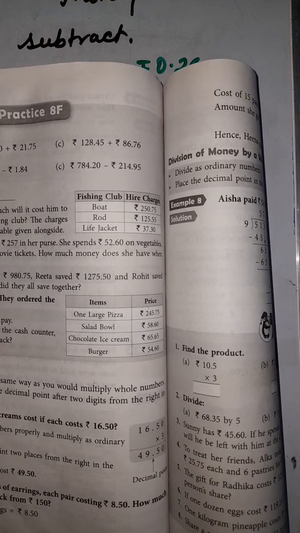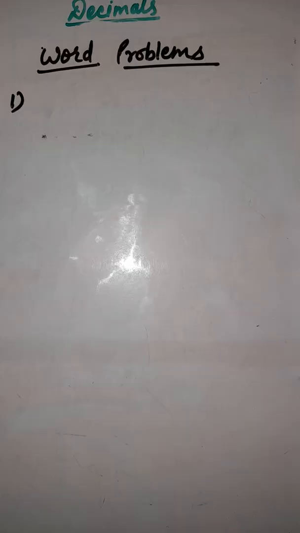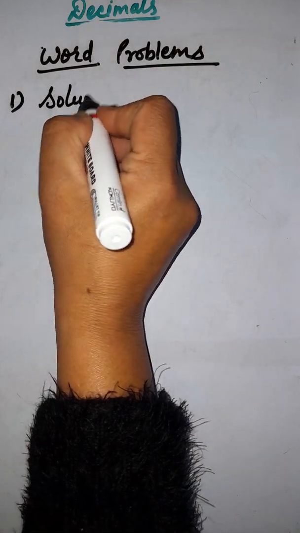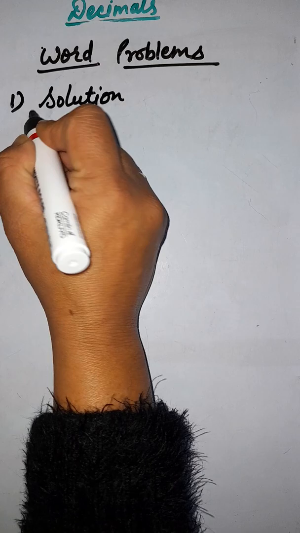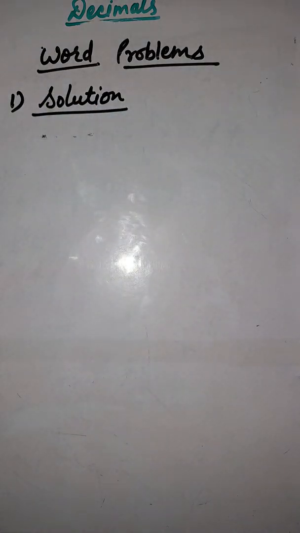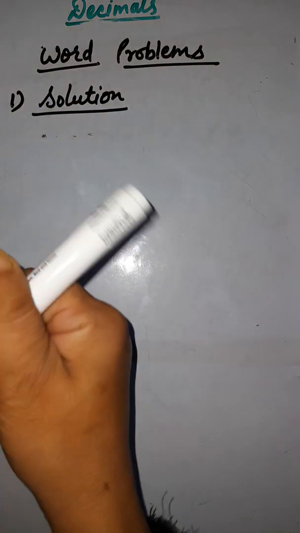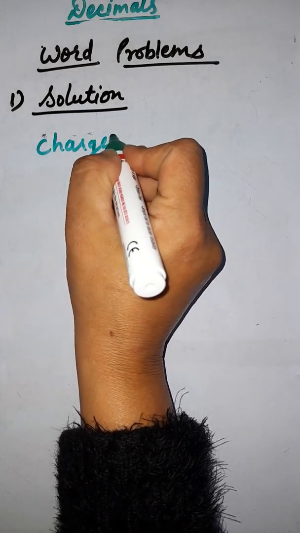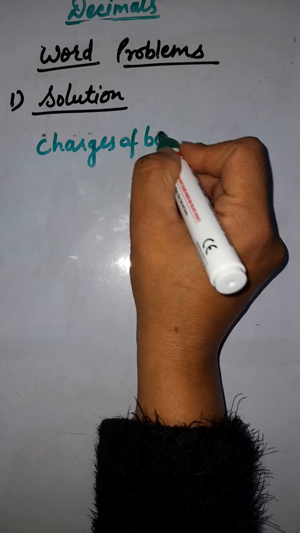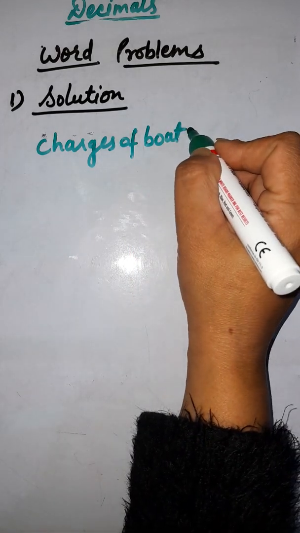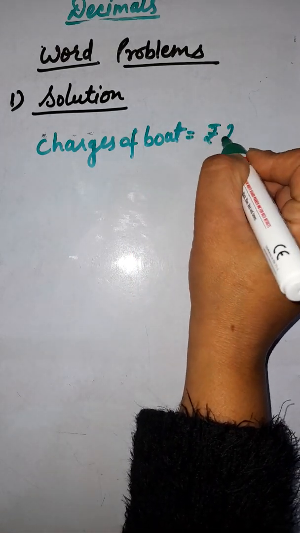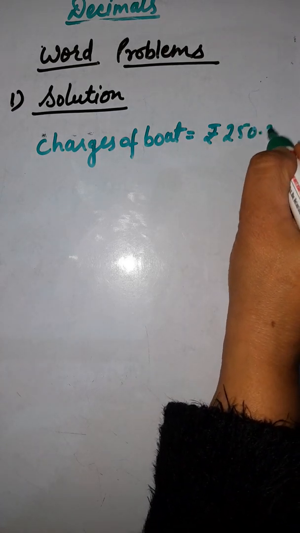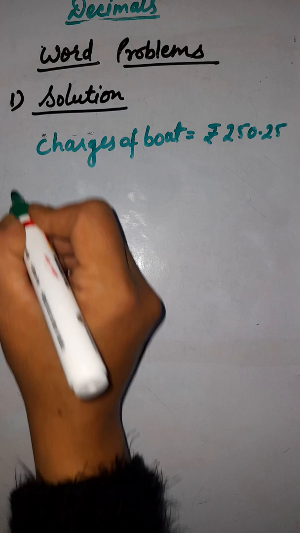First of all, we'll write the heading word problems. Then we'll write solution. The solution here, charges of boat. We'll write charges of boat is equal to rupees 250.75.